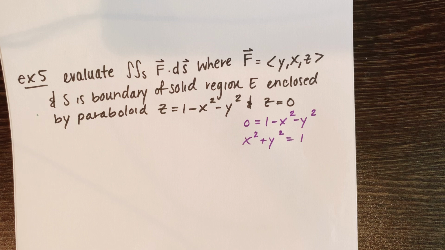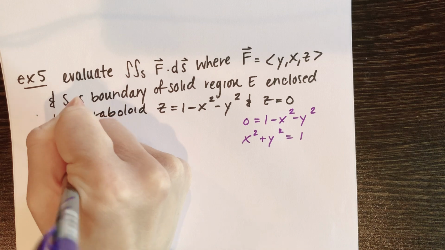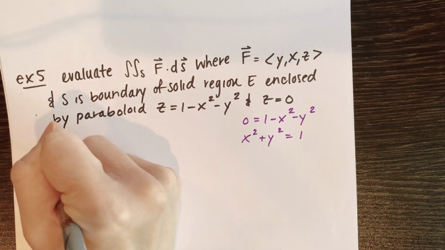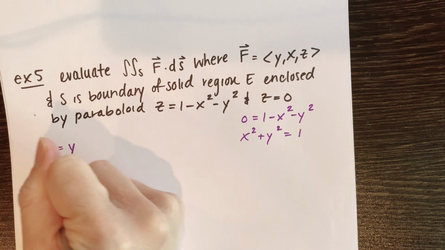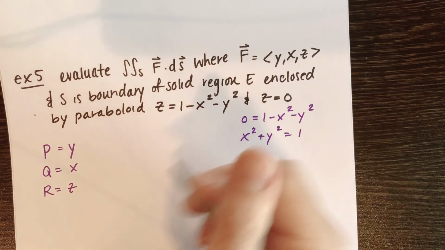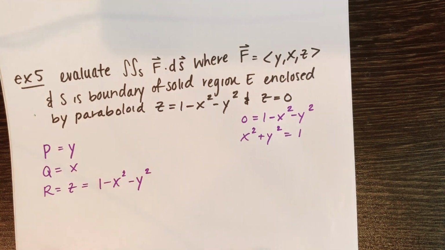So what do I have here in terms of my P, Q, and R? I have to define my P, Q, and R for this. Well, I'm given F right there. So P is just going to be y, Q is going to be x, and R is going to be z, but z is 1 minus x squared minus y squared.